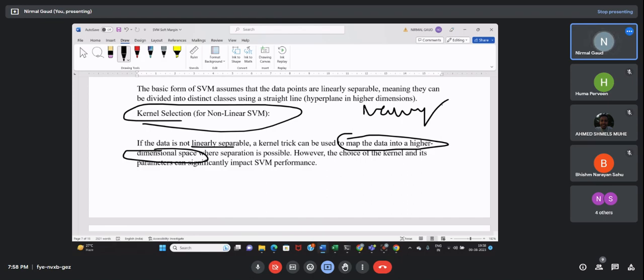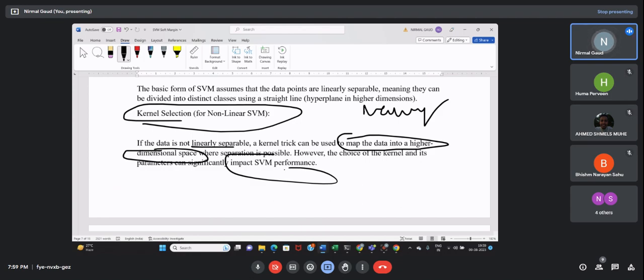This is the kind of illusion you are creating over your data: this is how my data looks in 2D, and now if I apply this transformation, this is how my data looks in 3D. Why? Because this is the only way you can separate it. Then we can check the performance of our model, how it is working. So you have to select different non linear kernels.